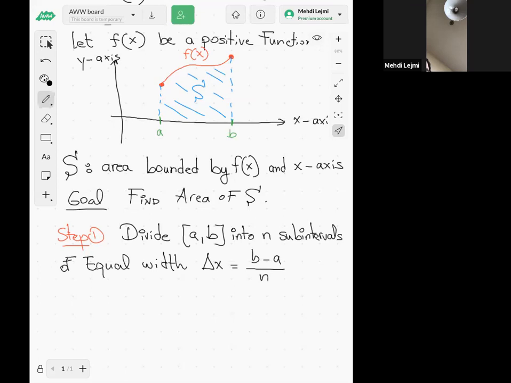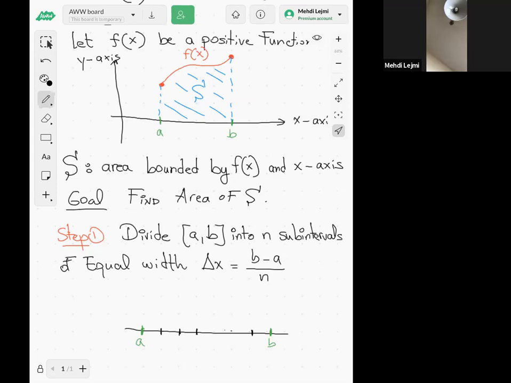What I'm saying, guys, is that I have this interval. This is A. Here's B, right? So I'm going to divide it into n subintervals. Let's say this is the first subinterval, second subinterval, third subinterval, etc., and then the nth subinterval.